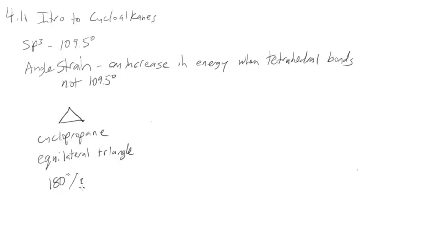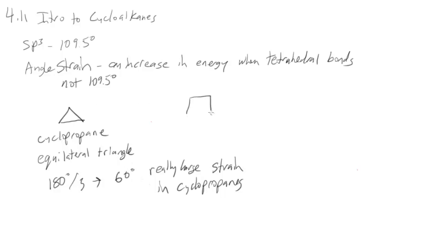If you divide that by 3, what you get are bonds that are each 60 degrees. So there's really large strain in cyclopropanes. The bonds want to be 109.5, and they're forced to be on the order of 60 degrees. So those are high energy.